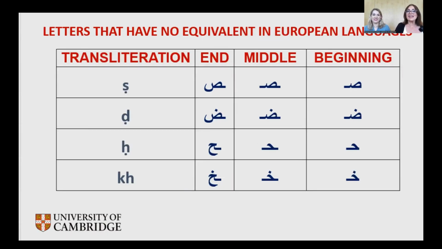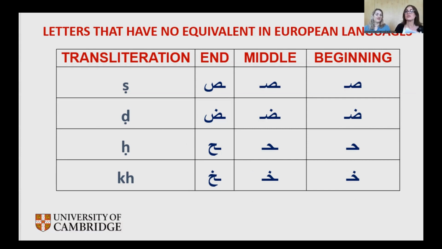So, some letters have no equivalent in European languages, like the Sa. But actually, we've got a letter which is a Sa, but at the same time, you do have a sound, like you say sun. You don't say sun, you say sun, right?